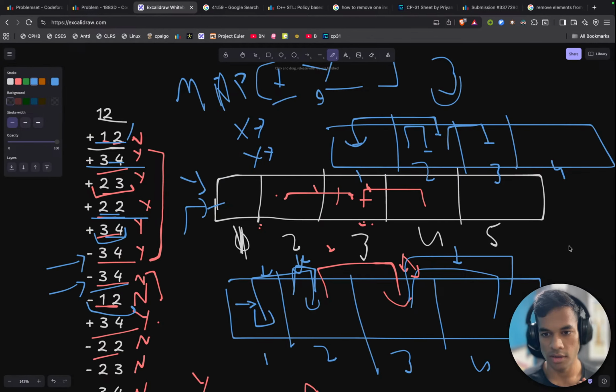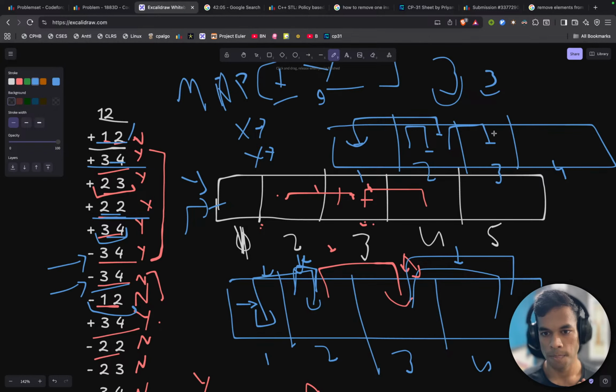Left dot size would turn out to be 3, which just contains 1, 2, and 2 again.